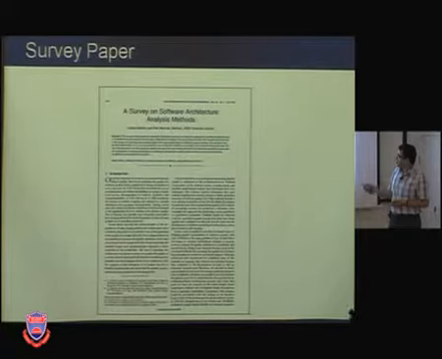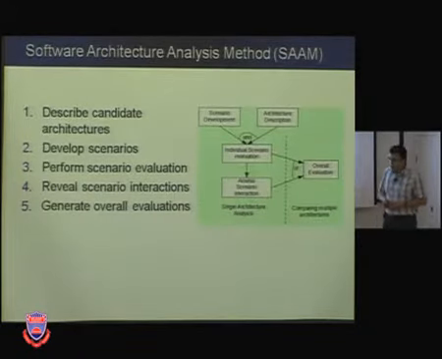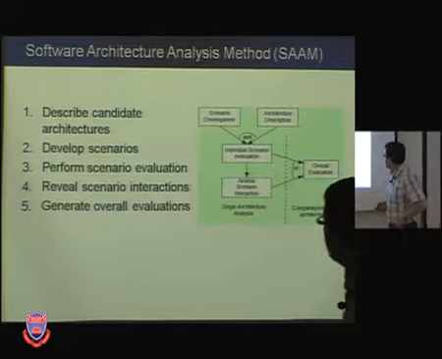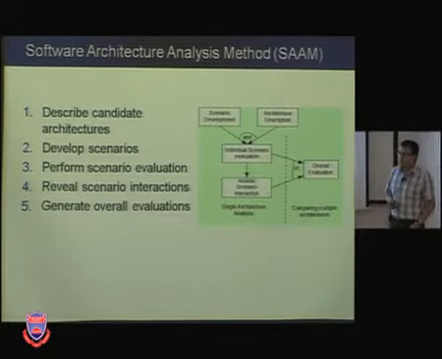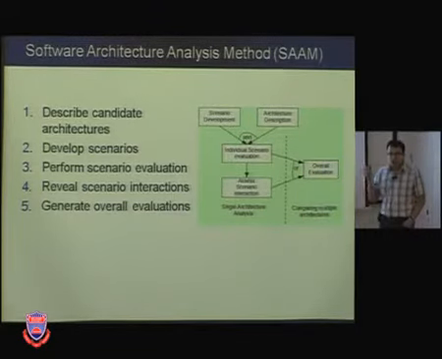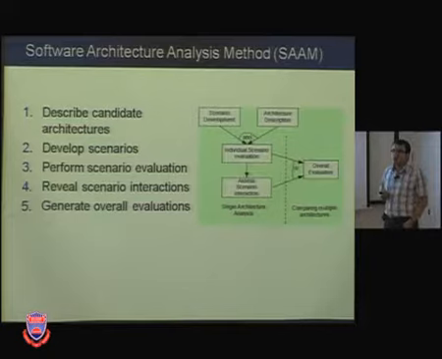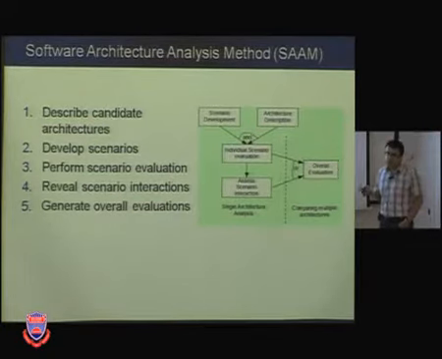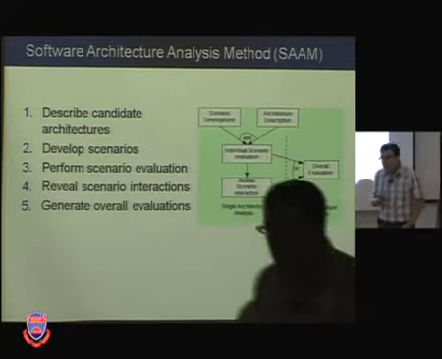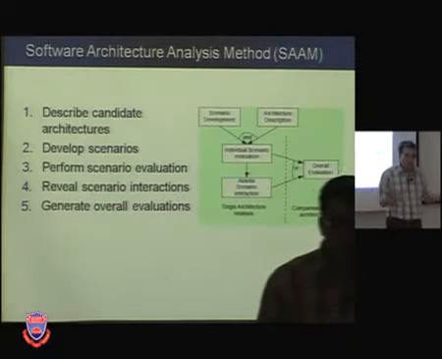This is the paper in which the methods are applied, defined, and explained. What is SAAM? It's quite easy actually. It consists of 5 steps. This is also the process that you will need to apply in the project. First, you describe some architecture or candidate architecture. So you could analyze actually one architecture or multiple architectures together.